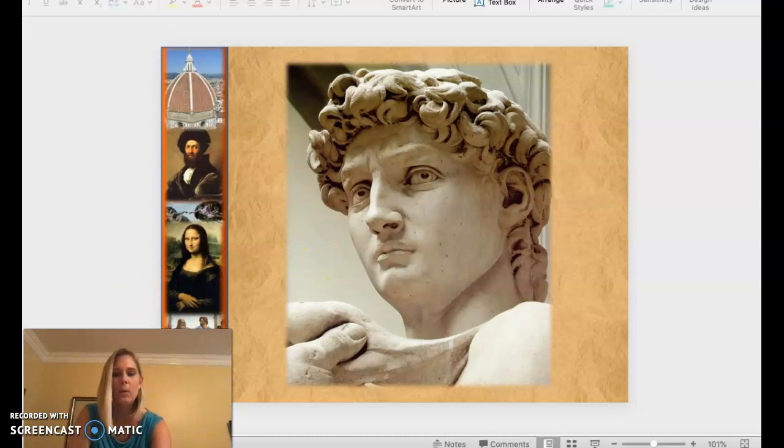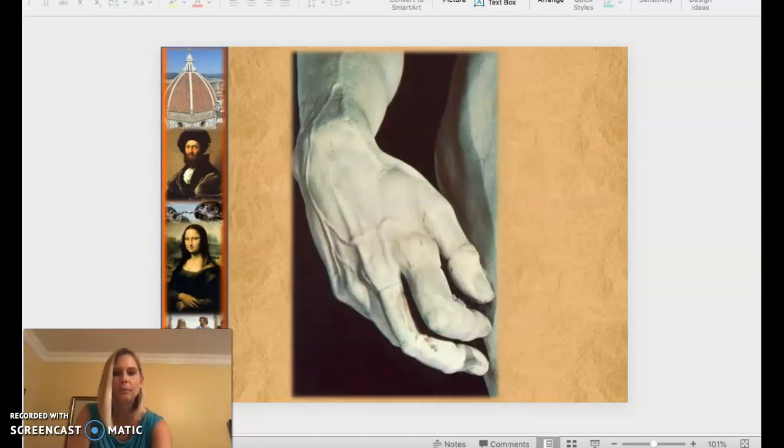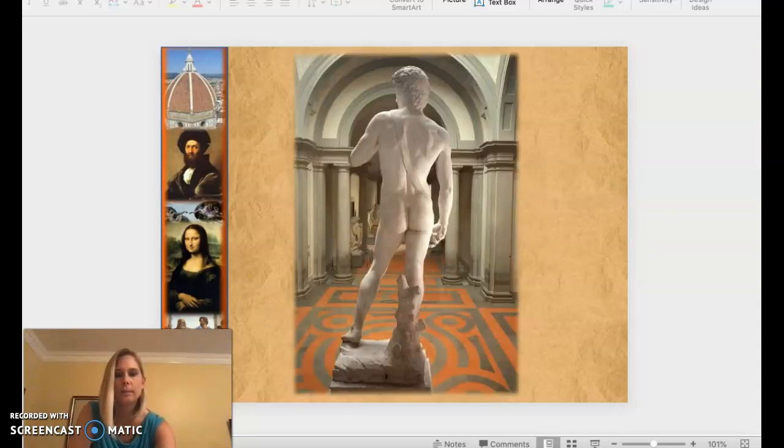That's just incredible when you really think about that. The hands, you can see here with the veins, unbelievable. But what he did was Michelangelo deliberately sculpted these a lot larger than they would be realistic, to try to emphasize some of the features.